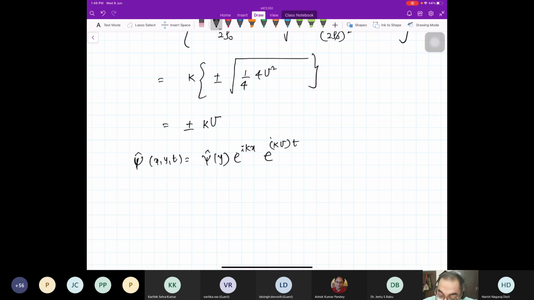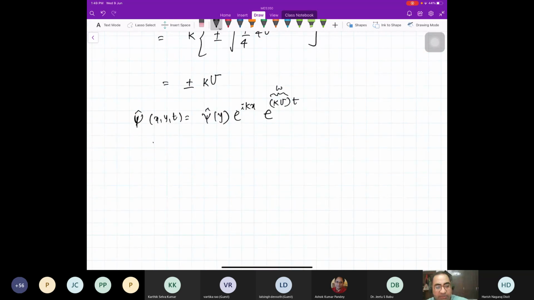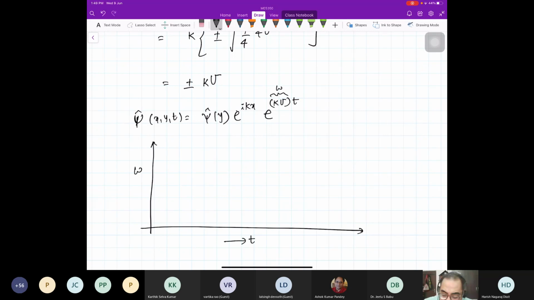That is omega, by the way, and this is positive. There is also a negative part, but we can ignore it. One way to say it is that it decays with time, but there are other ways to argue that this is not the correct way to interpret it. The negative part has no physical meaning, but we look at the positive part. It grows with time. If I were to make a plot of omega versus k, the growth rate versus k, how does it look?